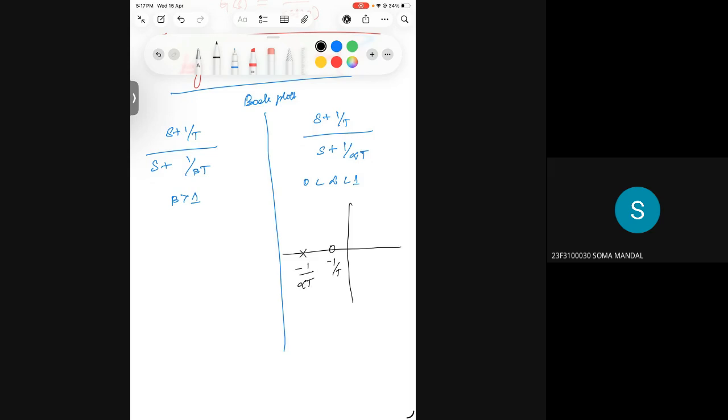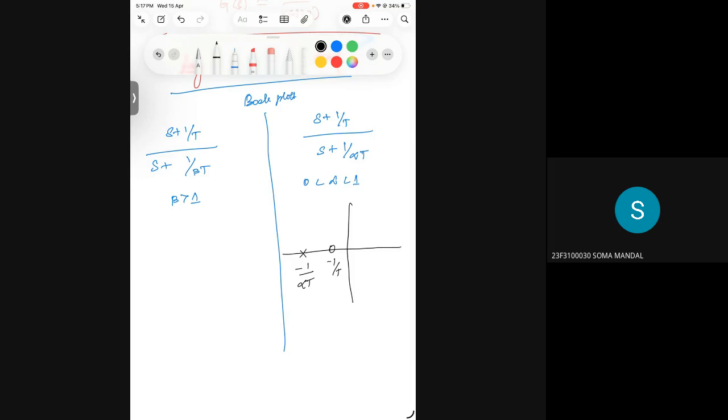Why is it so? Because of how we choose the alpha value. Alpha is between 0 and 1, right? If you choose something between 0 and 1, for example 0.5, how will 1 by 0.5 be? Is it greater than 1 or greater than 0? It's 1 by 1 by 2, right? It will be greater than 1.